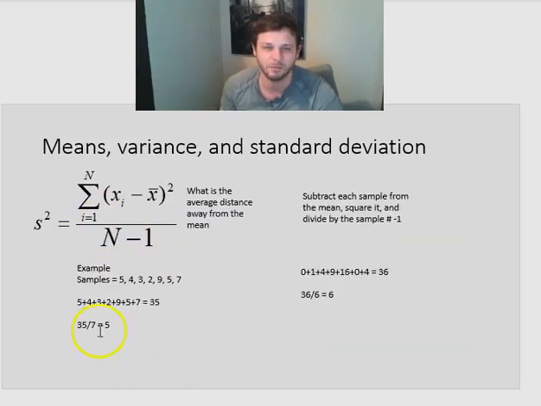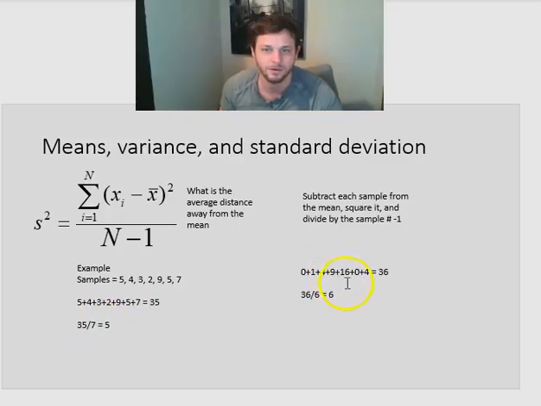So what that would look like if we're using this same example, our mean is 5. So 5 minus 5 is 0. 5 minus 4 is 1. If you square 1, you get 1, because 1 times 1 is 1, right? Next one, 5 minus 3, that's 2. You square 2, 2 times 2 is 4. Here you have 3. That gives you 9.